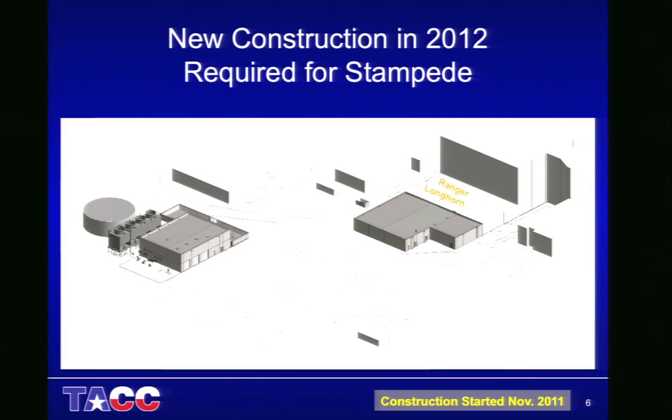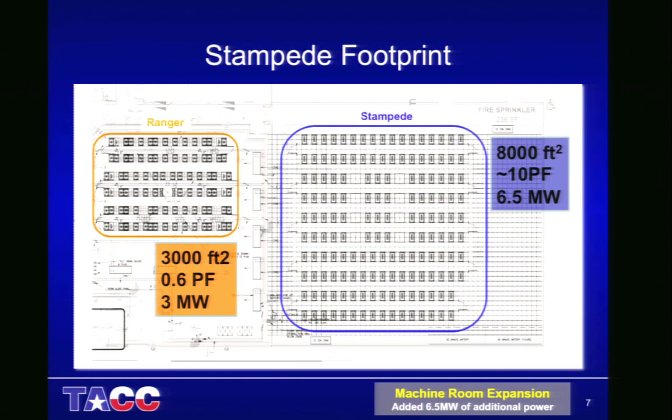So just to let you know, the construction on this really was a pretty fast construction. Normally universities don't move terribly quick. So we actually started this almost immediately after hearing about the award, and it started in November of 2011. All right. This is what the footprint of the machine looks like, and it's just comparing to our other system, which we just took offline, which was kind of roughly comparable in terms of money.